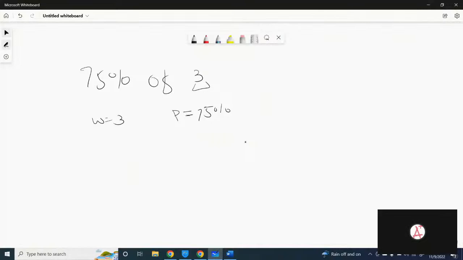It would be n divided by 3 equals 75 over 100. So it would be n equals 75 times 3 divided by 100. So 75 times 3 is 225. Got it?